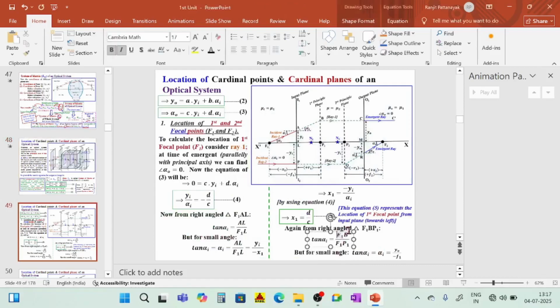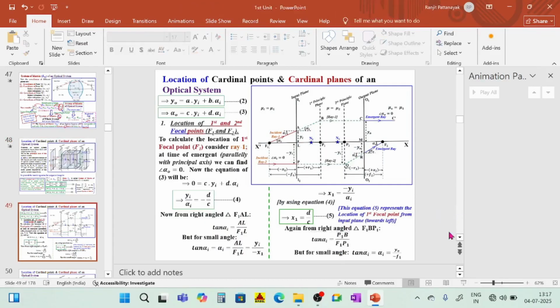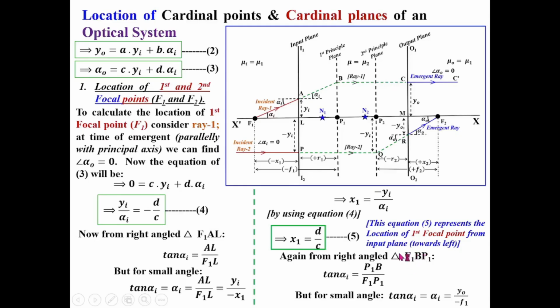This is your P1. Tan alpha I is equal to P1B by F1P1.